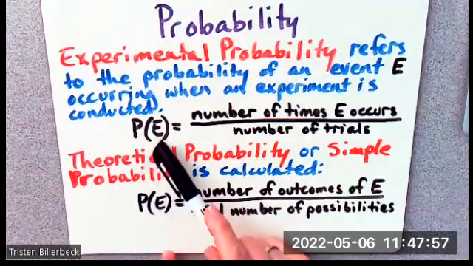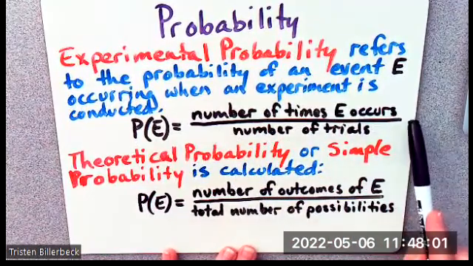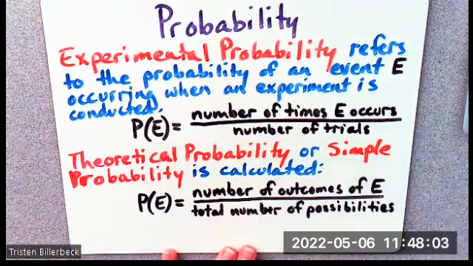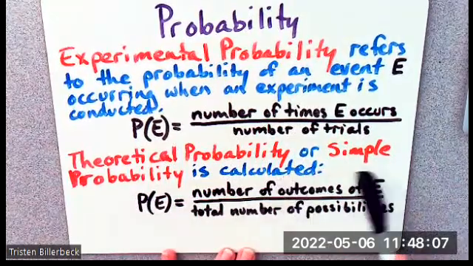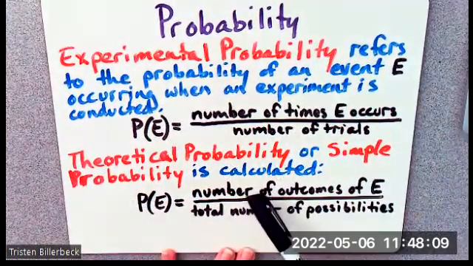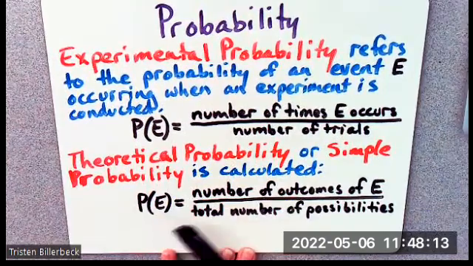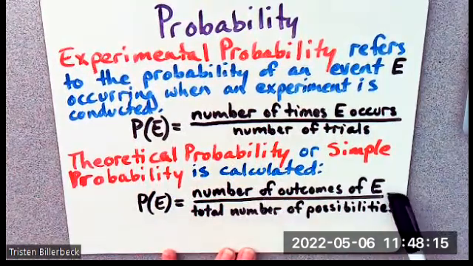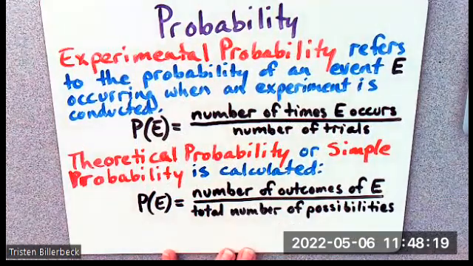Experimental probability is the number of times E occurs over the number of trials. Theoretical probability, or simple probability, is calculated: the probability of event E happening is the number of outcomes of E over the total number of possibilities.